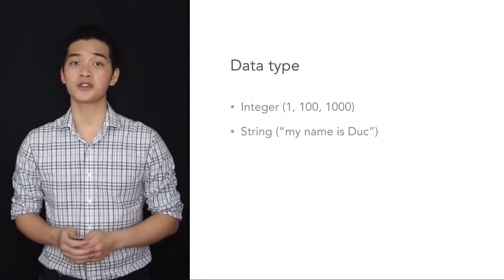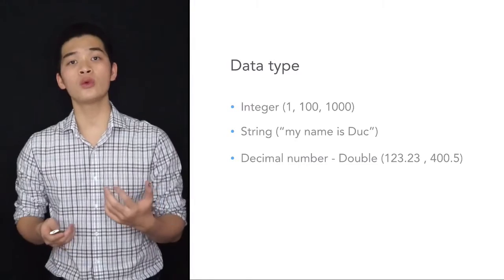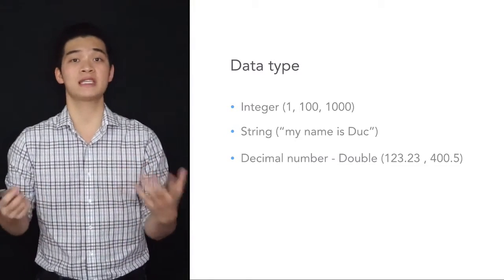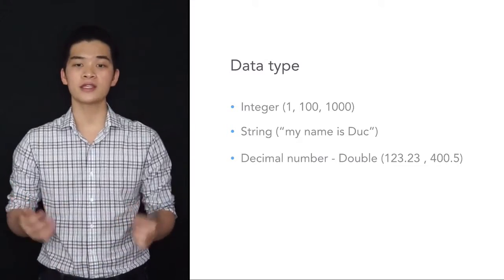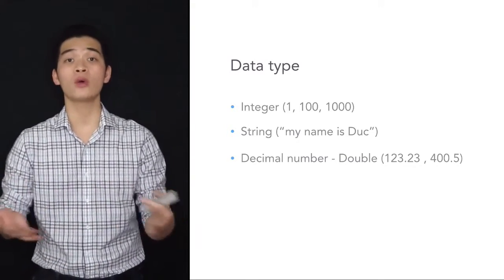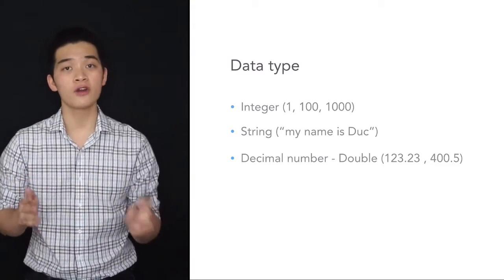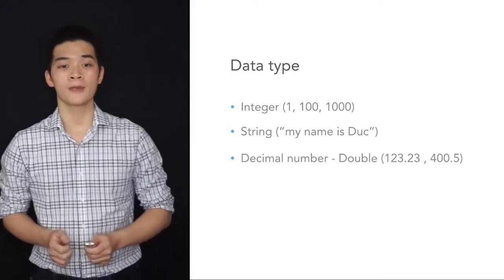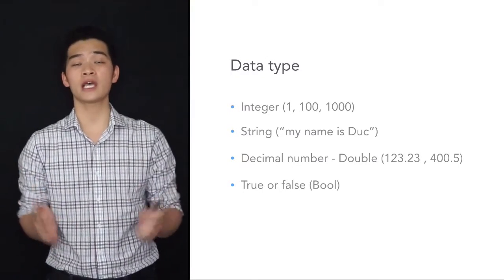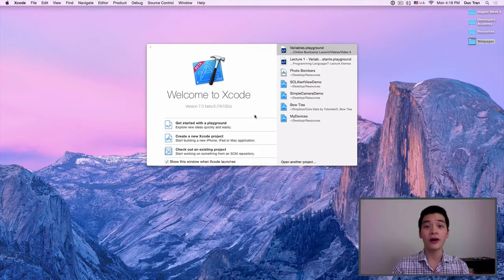And that is how you have a string. And also we have decimal numbers, and usually we refer to those as double, just the terms, just the syntax. That thing is maybe 123.34 or 100.5, those decimal numbers, and we refer to those as double. And we also have true or false, and we refer to those as bool or Boolean with a capital B.